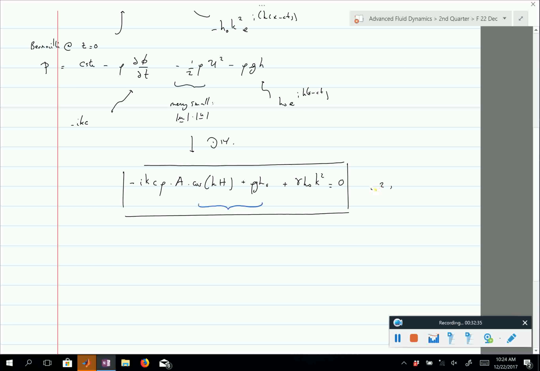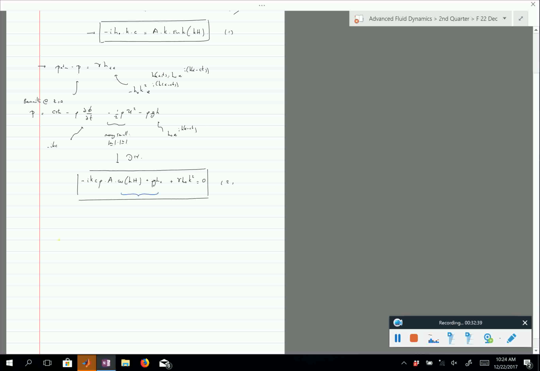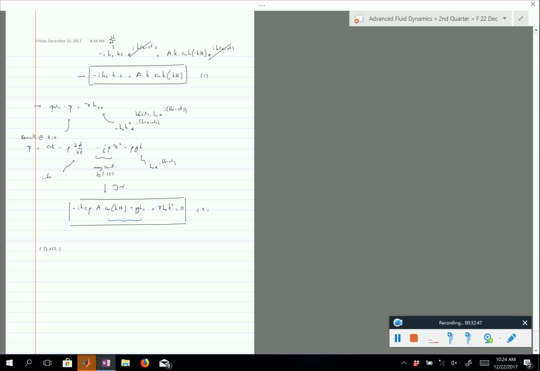This is number 2. And so if you take 1 and 2 together, then here I can write a as a function of h naught.